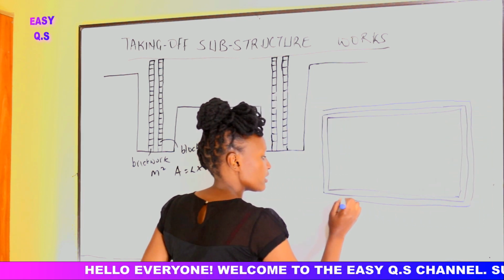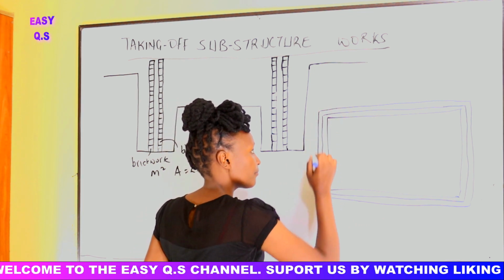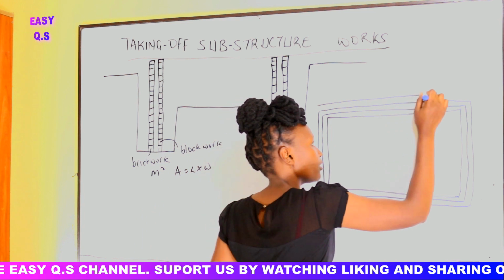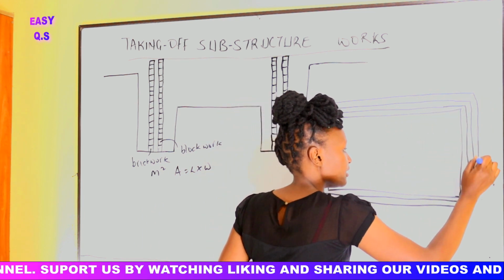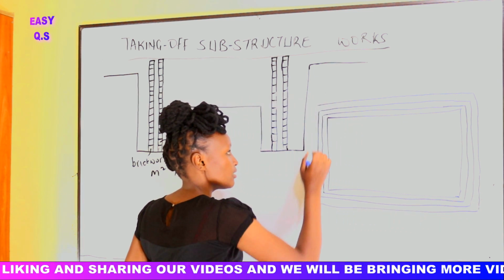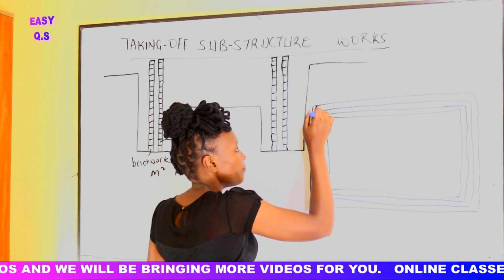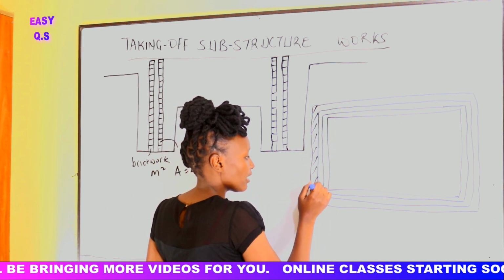Let's see how it is. We have the brickwork here. Alright. In the plan, we'll be able to see all these walls. So this is the brickwork outside here.